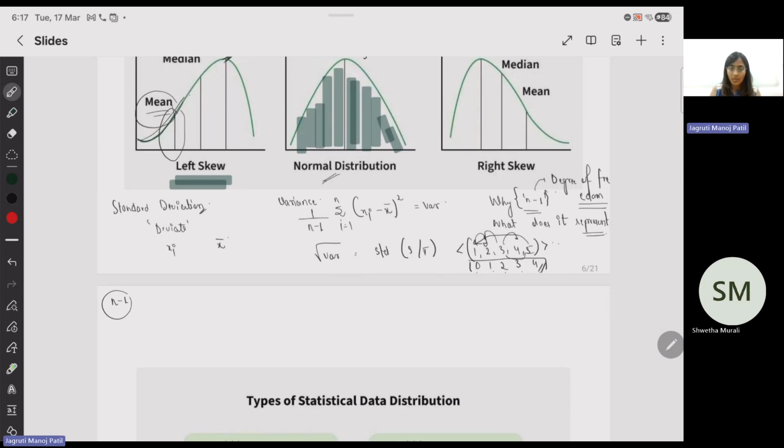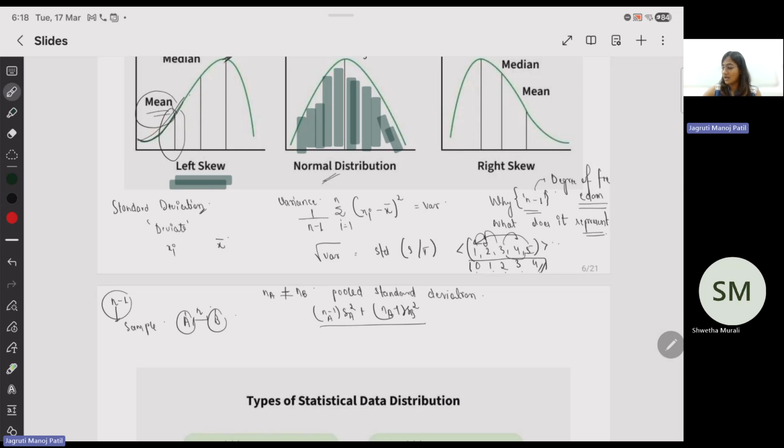Now, when you have two different data sets, let's say A and B, and both have the same sample size, they are the same. In case they are not the same, so if NA is not equal to NB, then you do something called pooled standard deviation. In pooled standard deviation, you do NA minus 1 times standard deviation SA whole square, plus NB minus 1 times SB whole square.